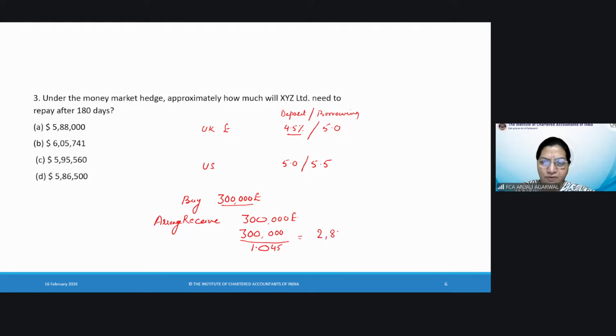So you need to have deposited 287,081.3397, which I'll round off to .34, or you can also ignore .34 altogether here.